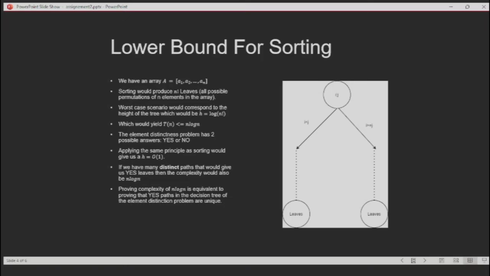However, if they are the same, then that would be true for constant time. So our main objective now is to prove that all the paths that have yes leaves are distinct. If we can prove this, then we can prove that the time complexity lower bound for the element distinctness problem is n log n.